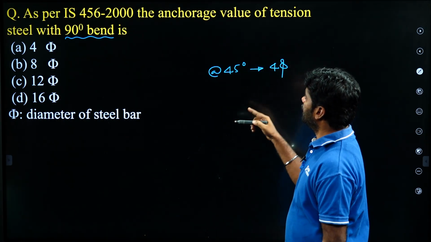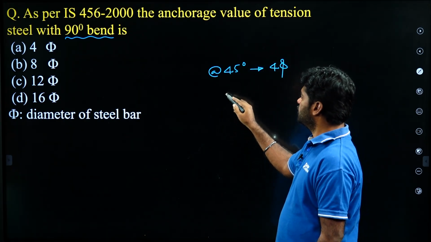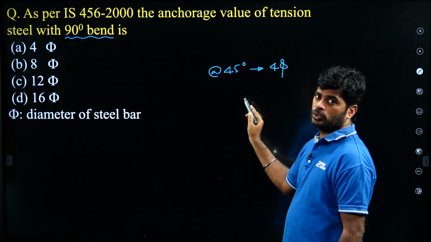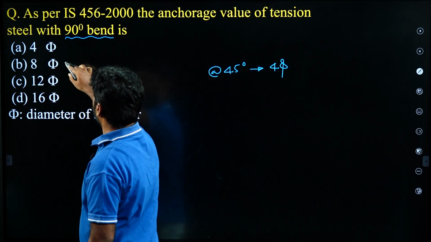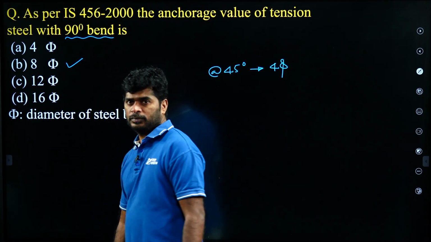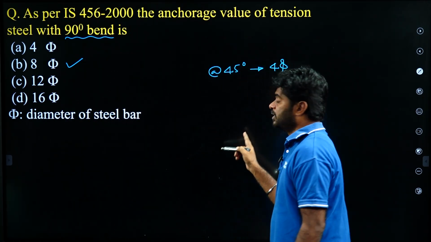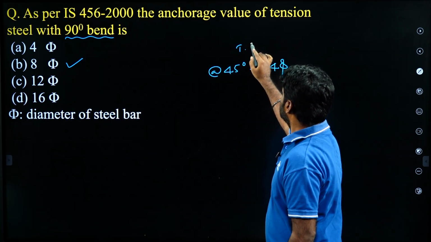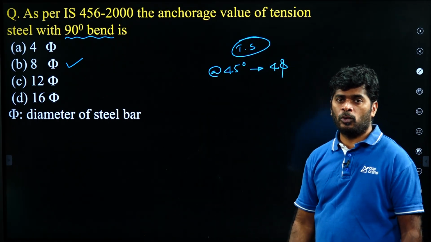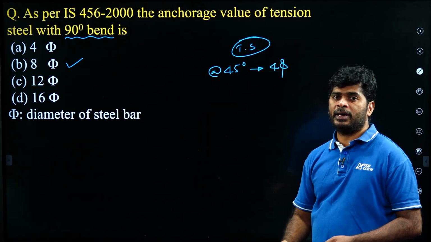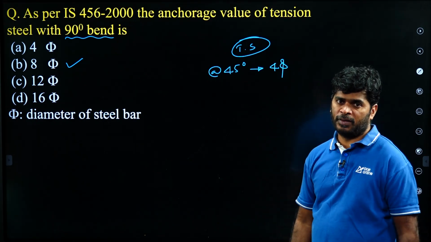Here, 90 degrees means 45 plus 45, so 8 times the bar diameter for a 90 degrees bend. That is only for tension steel.